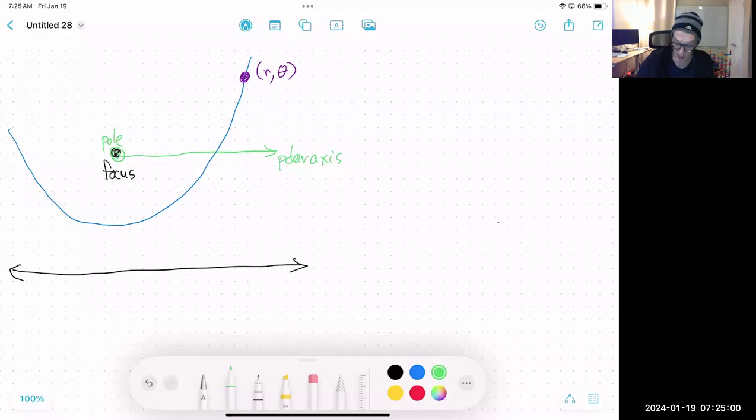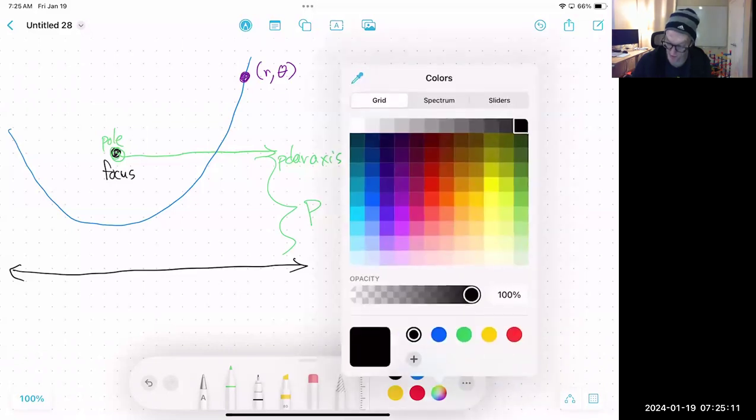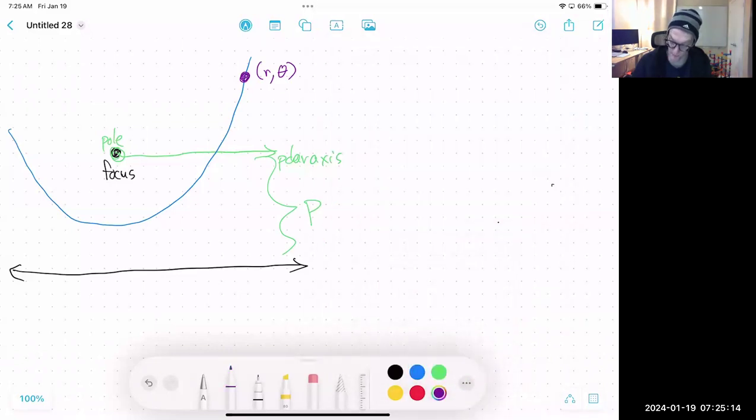And one more time, we continue to consistently use the letter little p to represent the distance from the focus to the directrix. Okay, so now maybe I'll just go as fast as I can without further comment, because I think we know how to do this.